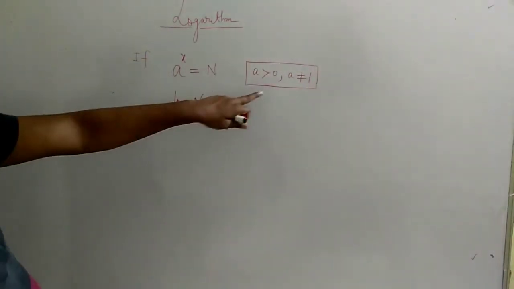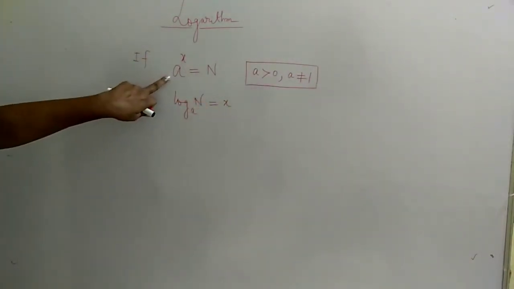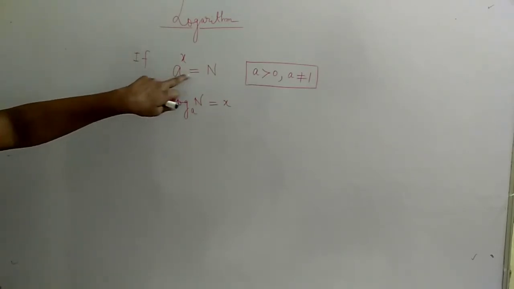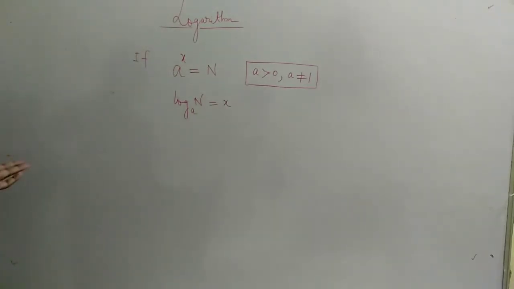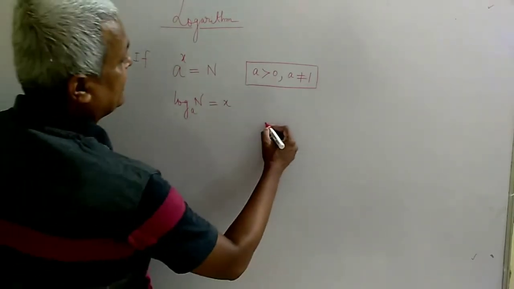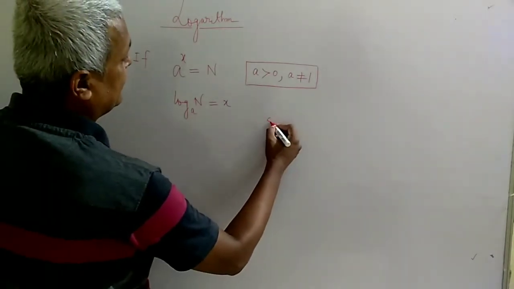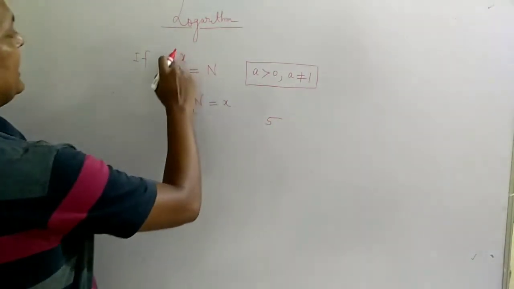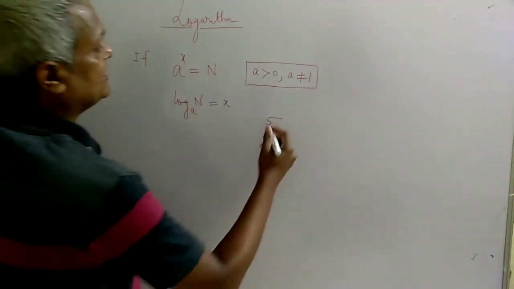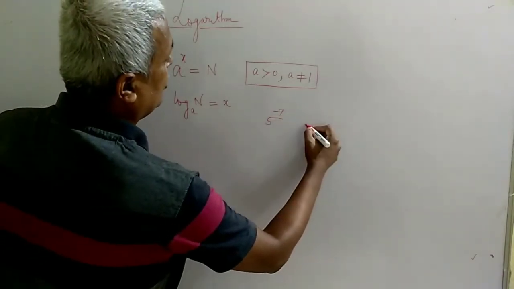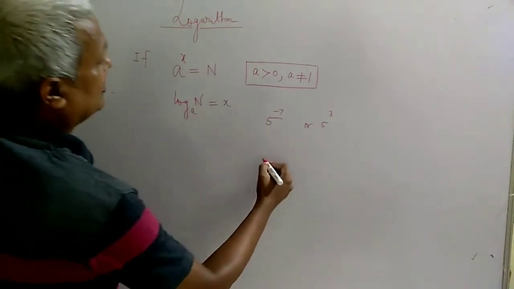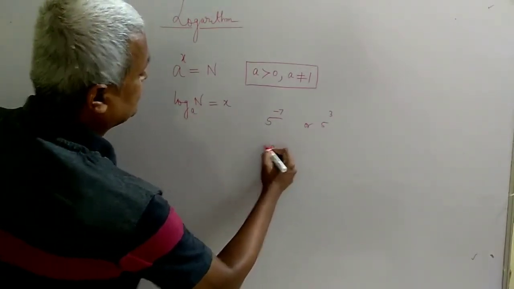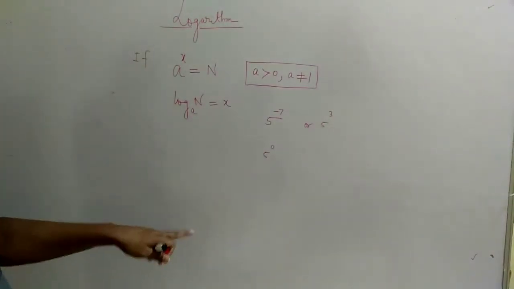Now on the basis of this restriction, if you have a positive number a, and you raise it to something x, you can write anything. Suppose I have a positive number 5, and x is a rational number, so it can be -7, or in another case it can be 3, or I take one more, 5 to the power 0. So three situations I am taking.